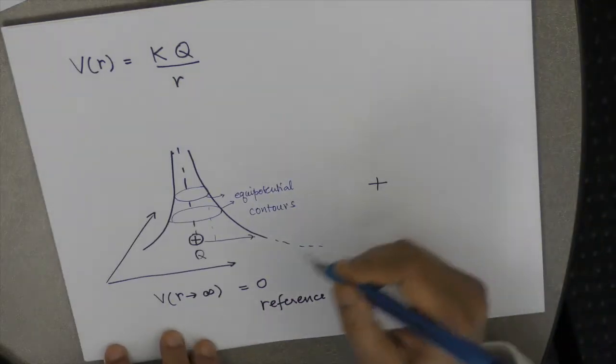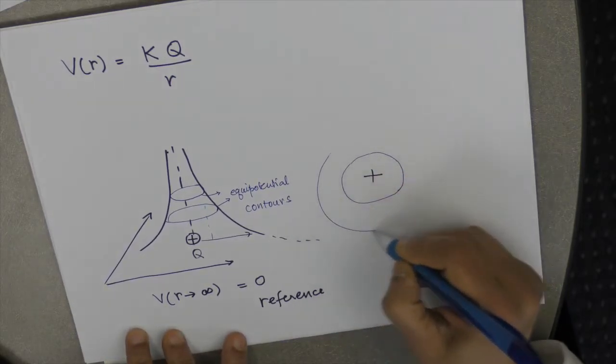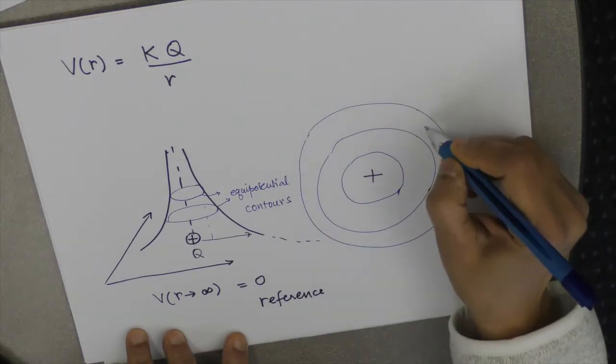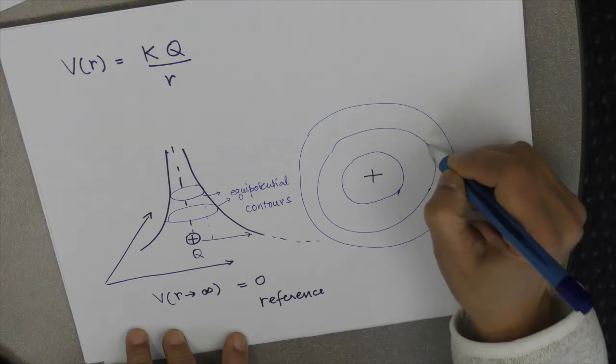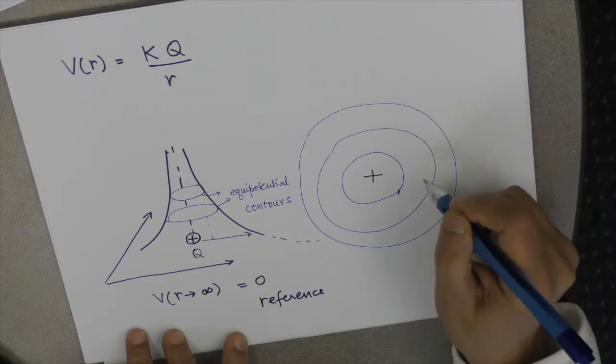And along such a contour, which I can also represent as these circles around the charge, the potential is constant.